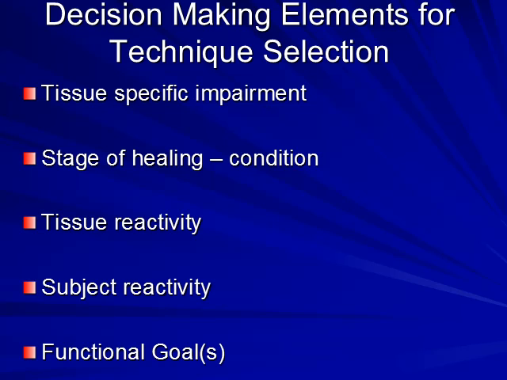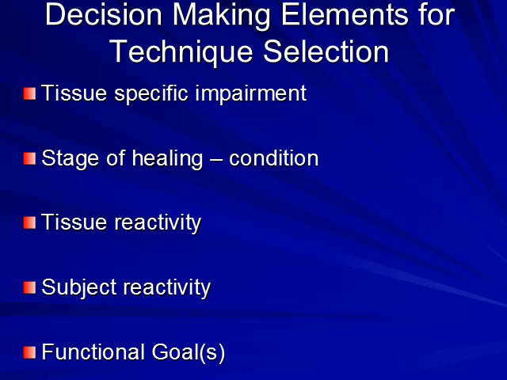An example of an impairment is very general, such as decreased range of motion, decreased strength, decreased endurance, decreased joint mobility, so on and so forth. Now, in most cases, those are findings that you came up with during your examination. So what we need to think is, what is the cause of those findings, or what is the cause of those impairments? Okay, so we're really looking for the causative tissue or factor to make them tissue-specific impairments.